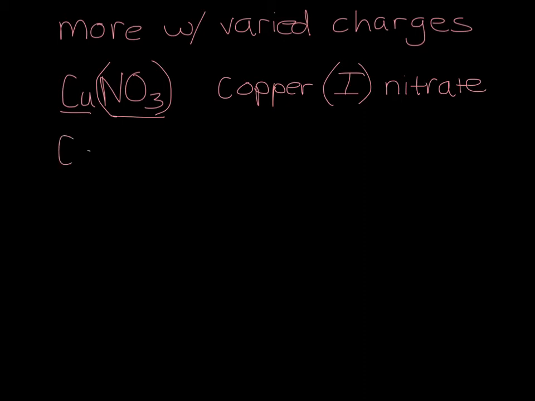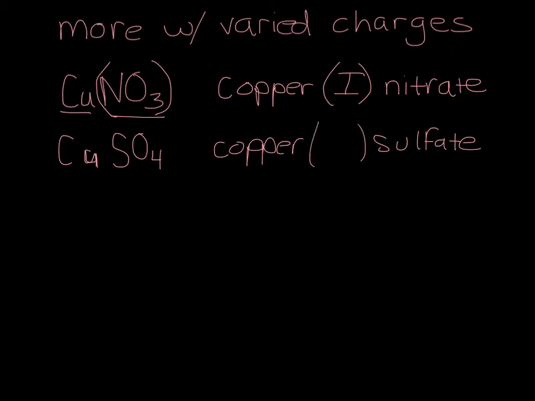In comparison, let's say we have copper and some sulfate. And this one's a little interesting. Sorry, that copper looks a little funny, but because this is also copper and sulfate, to get that Roman numeral, we kind of have to work backwards.